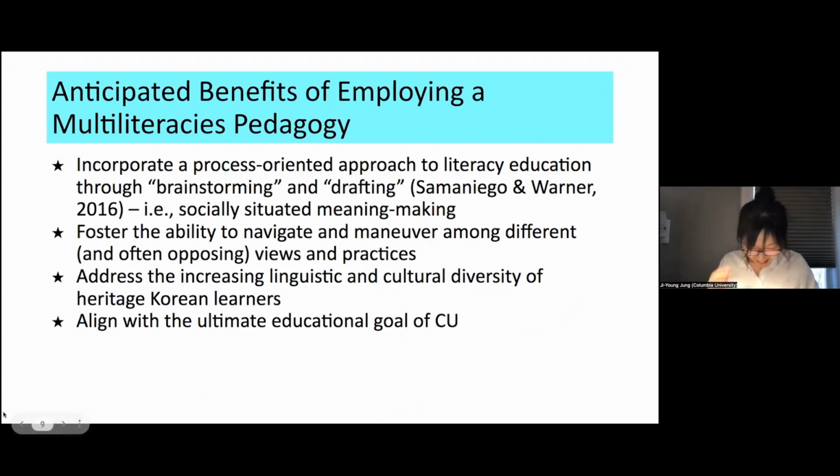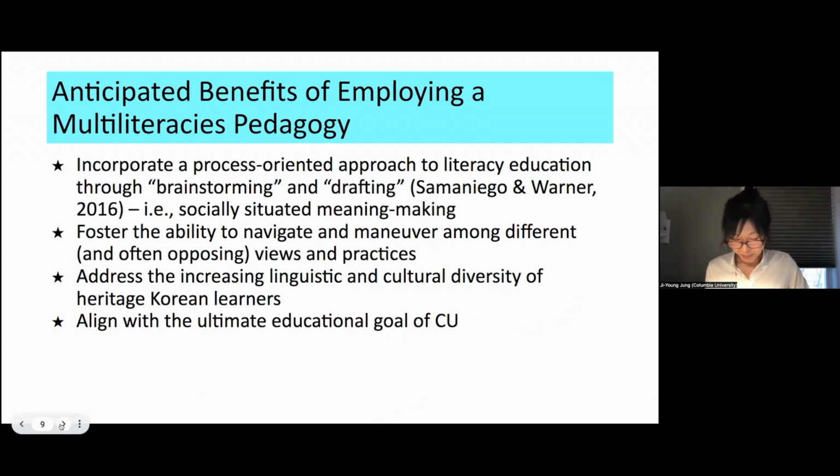Okay. So when proposing the current project, Eunice and I expected to enjoy several benefits employing a multiliteracies pedagogy for our heritage students. First, process-oriented literacy education emphasizes the significance of brainstorming and drafting in the learning journey.